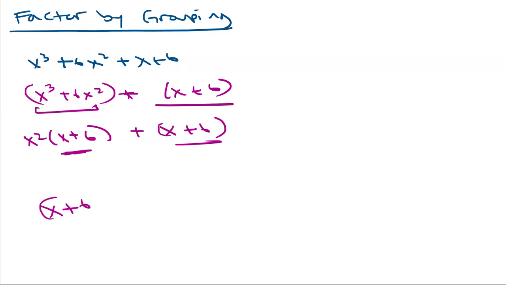So we have x plus 6, and then left with x squared plus 1, because when I multiply it back, I should get the same. X plus 6 times x squared is this. X plus 6 times 1 is also this. So we can't just leave it blank, because that's going to be assumed to be 0, but it's not. There's actually a 1 there as a placeholder.